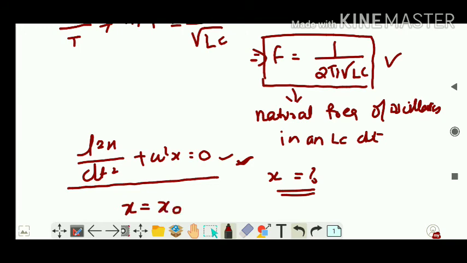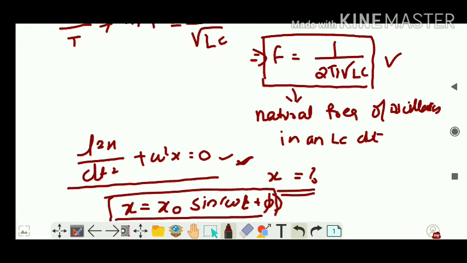x is equal to x naught sine of omega t plus phi. This is the expression for the displacement of an oscillatory motion. Remember, I'm taking it again. You wrote an equation like this and I told you this is an expression for simple harmonic motion, and if you solve this equation you will get the value of x.